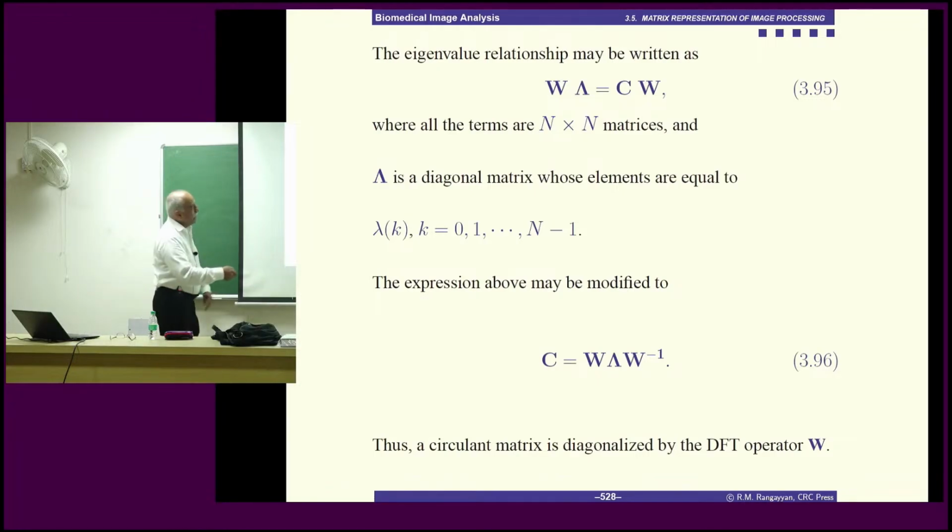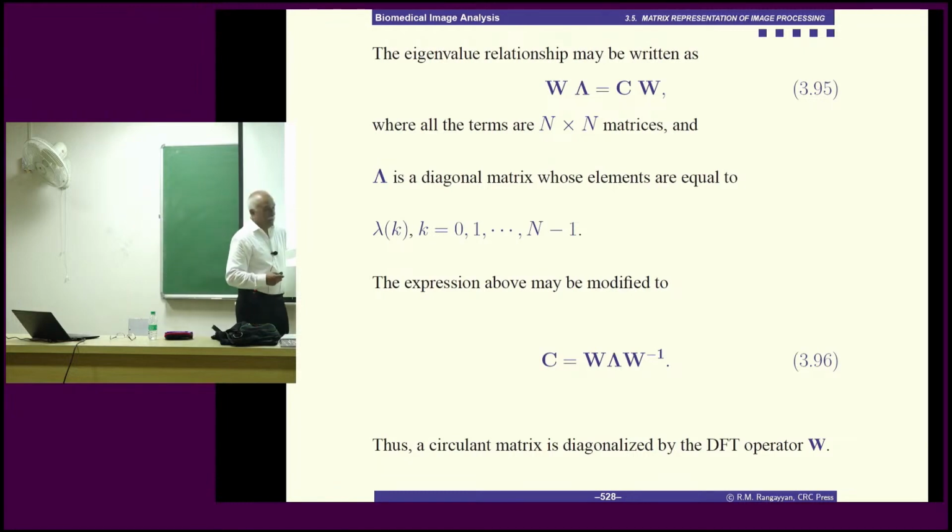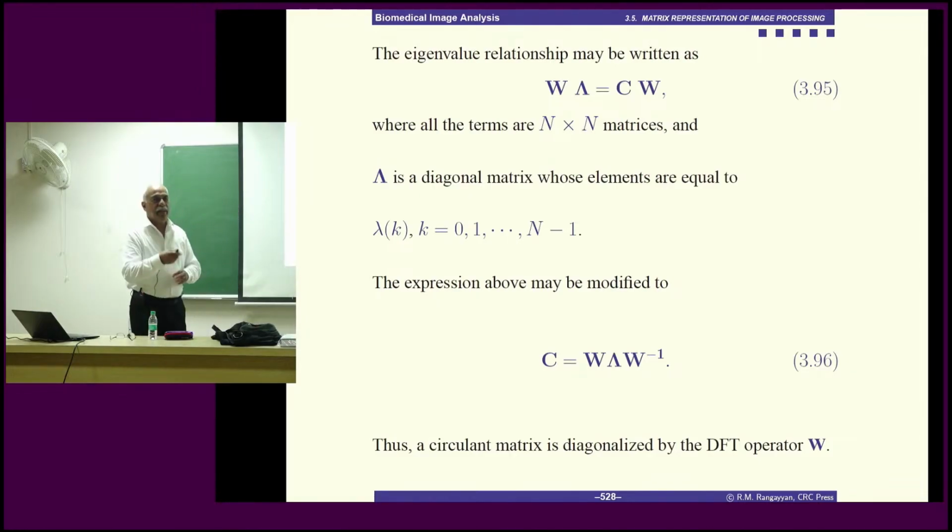So this relationship is now interpreted as the circulant matrix we started with is equivalent to a diagonal matrix with the application of the DFT. DFT being applied here. Or this way.